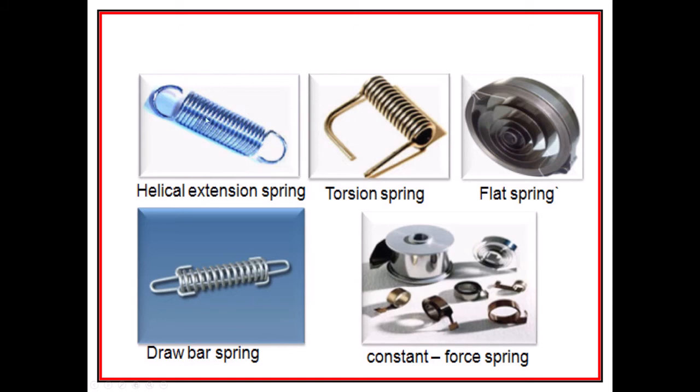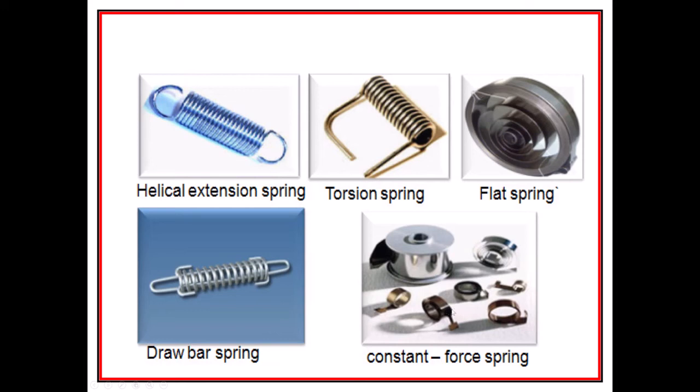Extension springs, so we don't just have compression springs, we could also have extension springs. We have torsional springs, like this is a clothespin, I believe, or you might have a rat trap. There's another flat spring. I have this drawbar spring. I have one of these connected to my dog's runner, the cable where she runs back and forth, connected to a tree in the house, and she tries to see if she could pull that tree down and the house down.